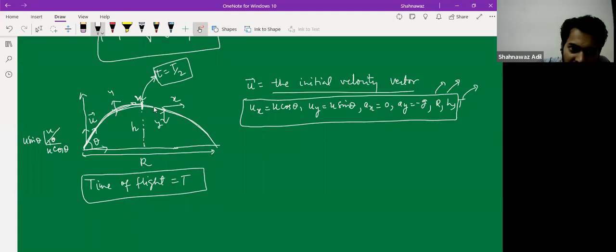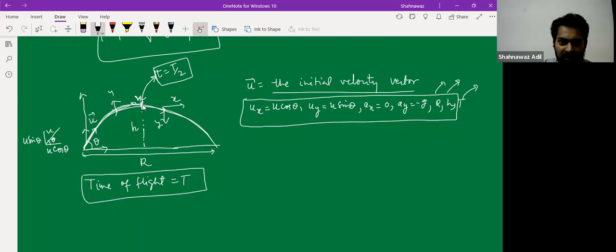When it reaches this height, what quantity can you assuredly tell that it will be 0? The vertical velocity. It has some horizontal velocity, but the vertical velocity is 0, right?